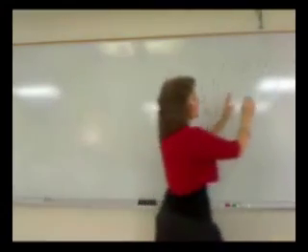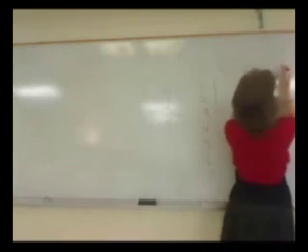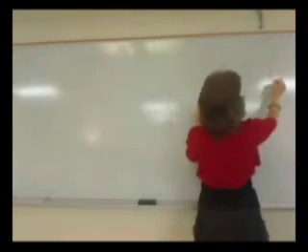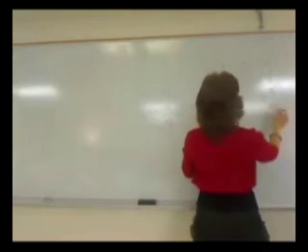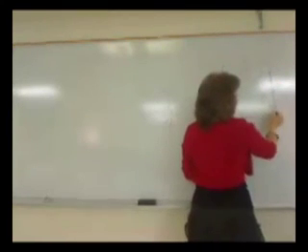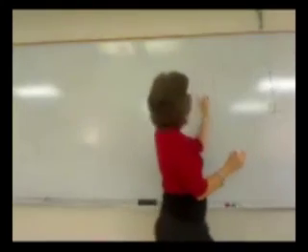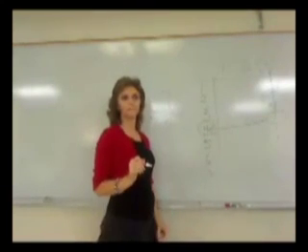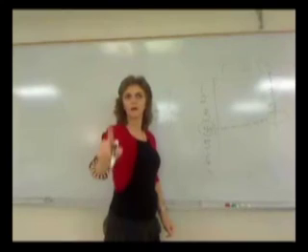Then without looking left or right, we're going to stay right here in this column and move all the way down. You're going to go straight down until you find the number you're looking for at the top, across to the left, and this is your answer. You're going to make a backwards L.